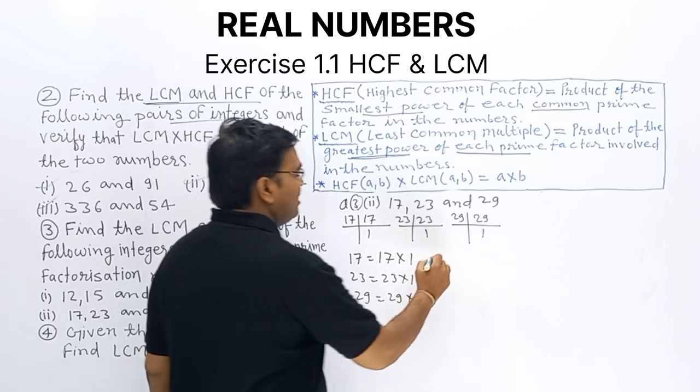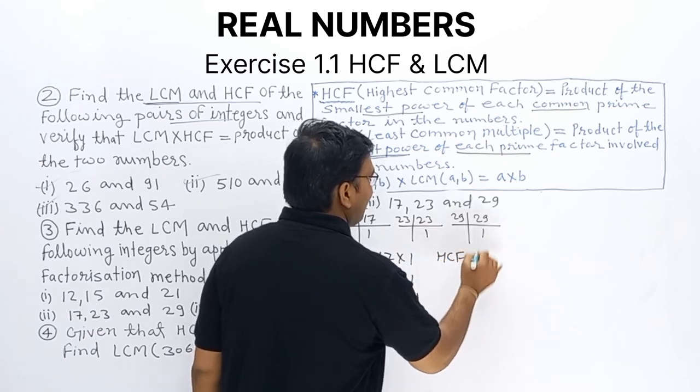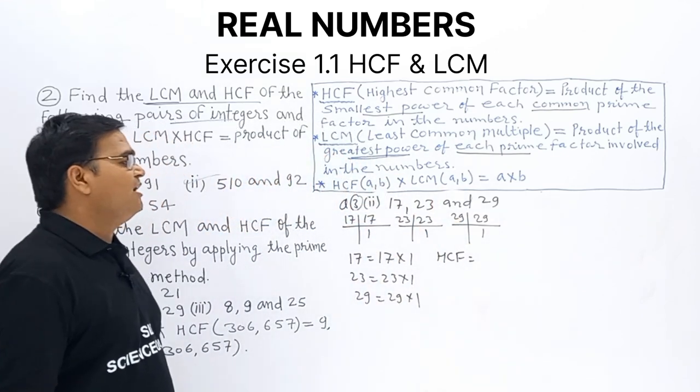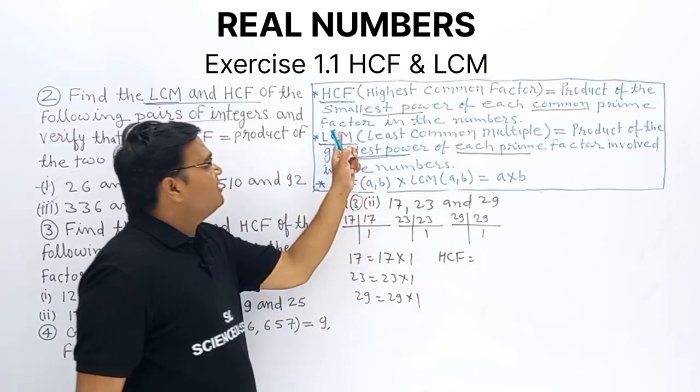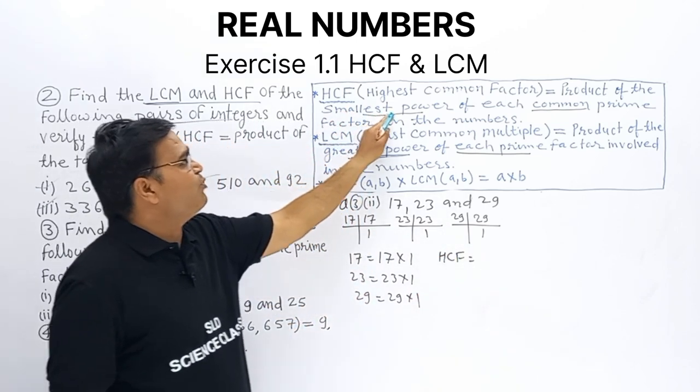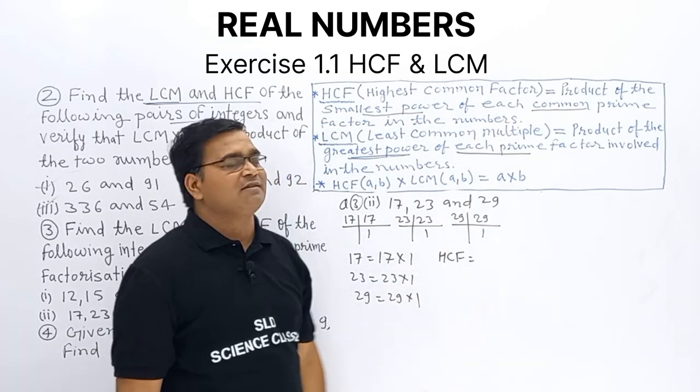Now we want the HCF. By the definition, HCF is the smallest power of each common prime factor.